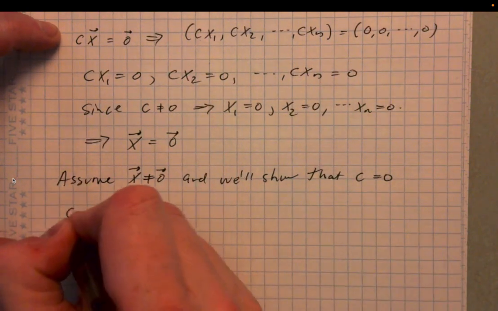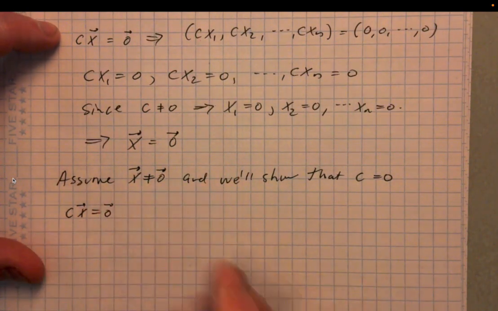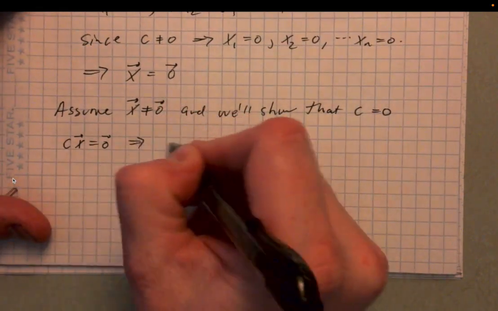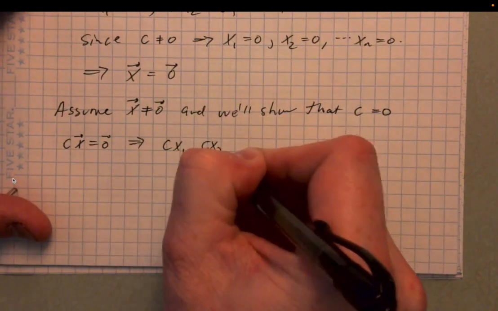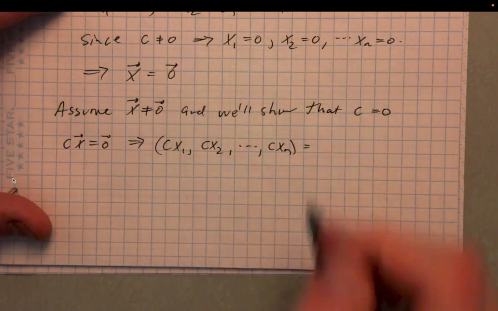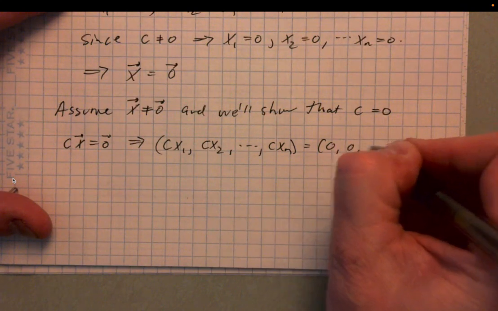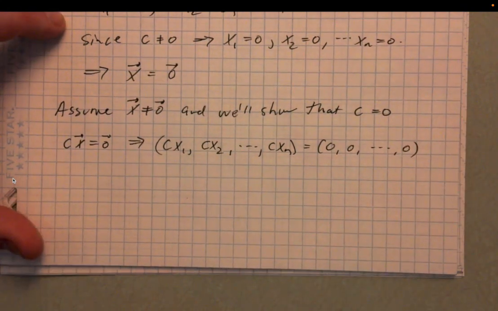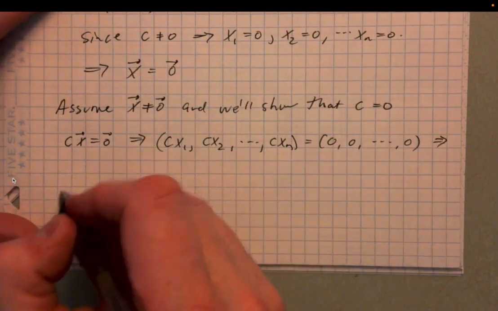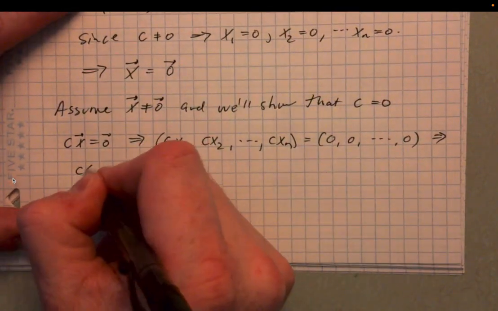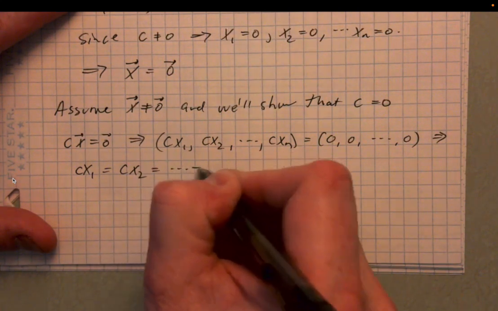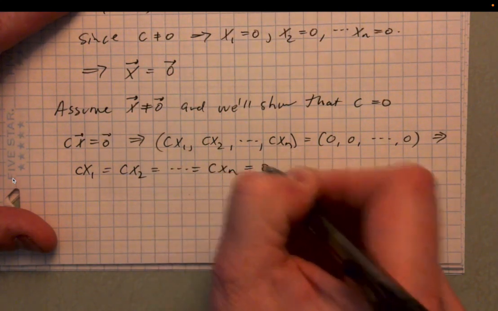Let's say C times x is equal to the 0 vector. So that implies that Cx1, Cx2, ..., Cxn is equal to 0, 0, ..., 0. So Cx1 is equal to Cx2, which is equal to ... Cxn, all equal to 0.